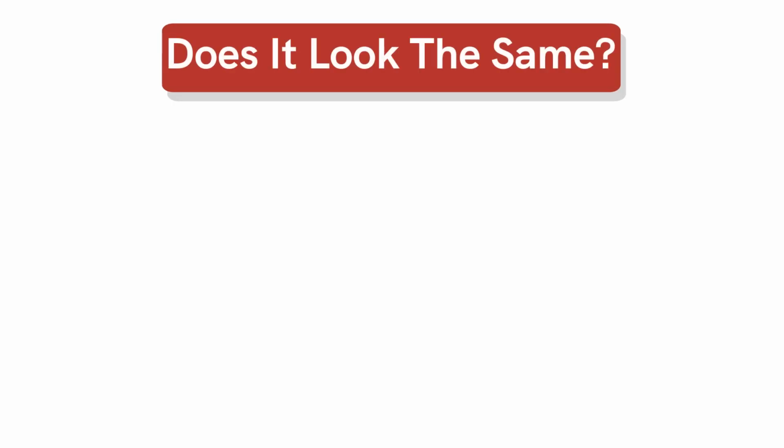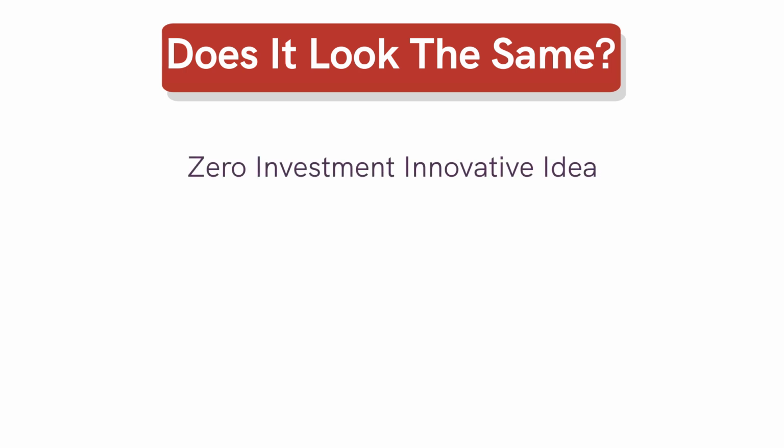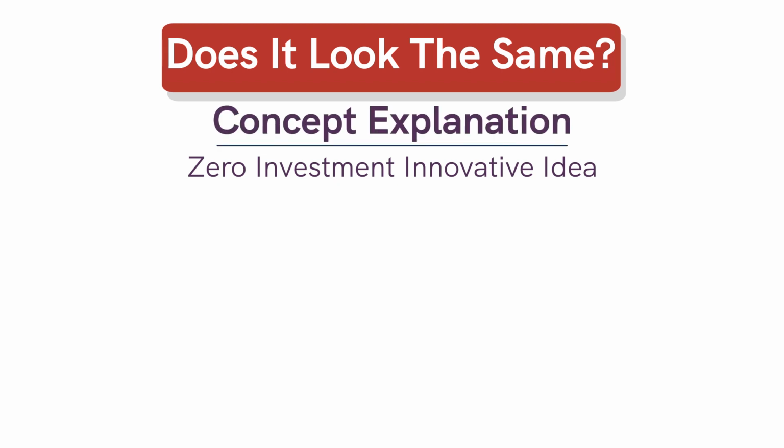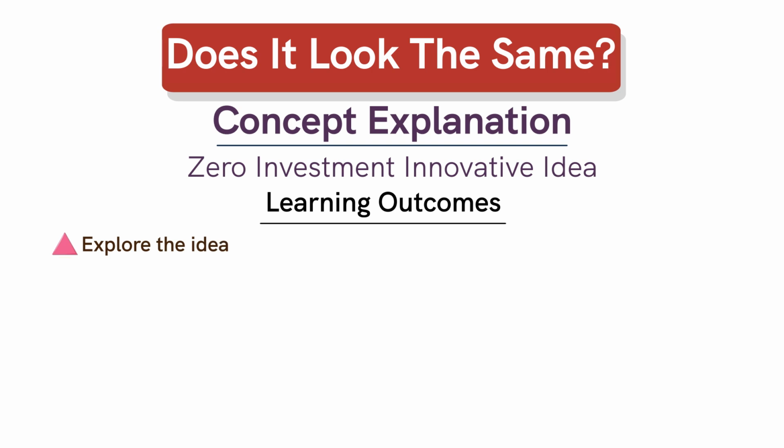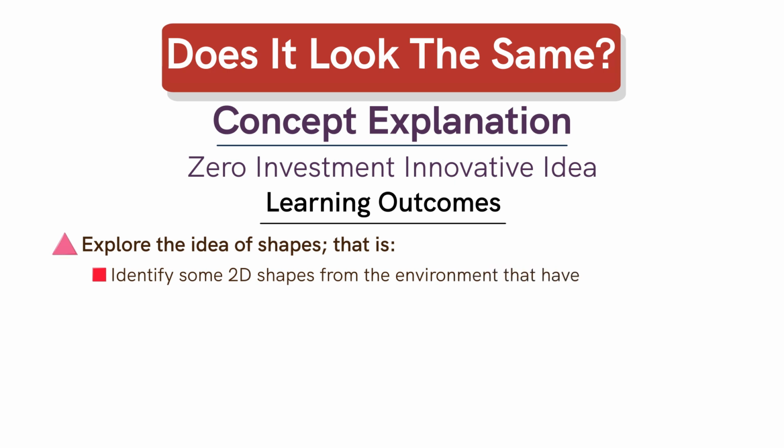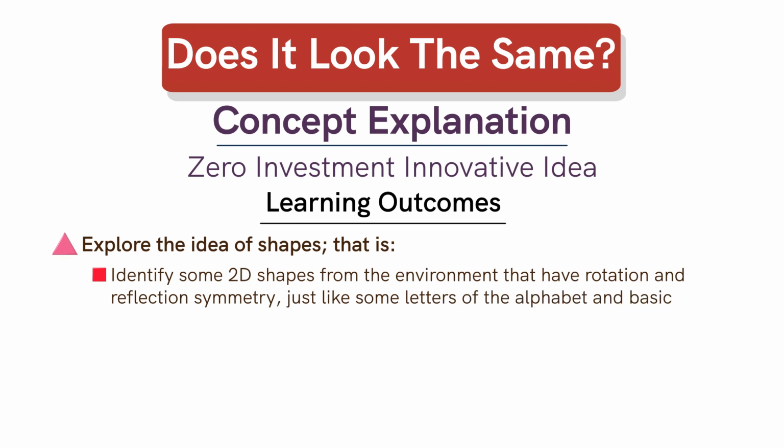And with that, we have come to the end of this interesting lesson. By implementing the zero investment innovative idea of concept explanation, the students will now be able to explore the idea of shapes, that is, identify some 2D shapes from the environment that have rotation and reflection symmetry, just like some letters of the alphabet and basic shapes, and design a cube to observe symmetry.